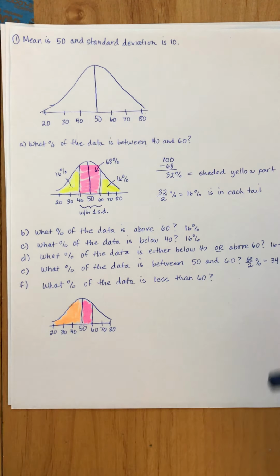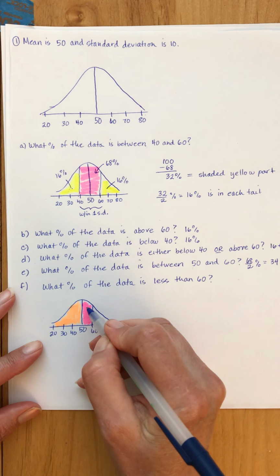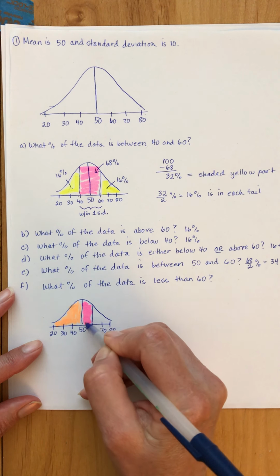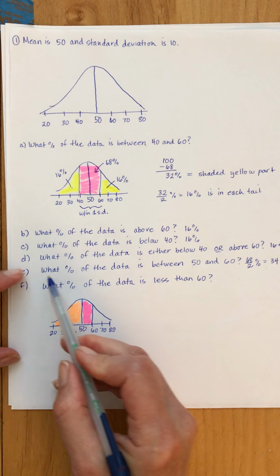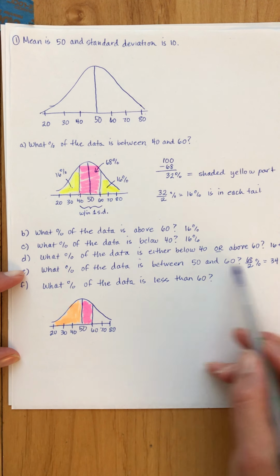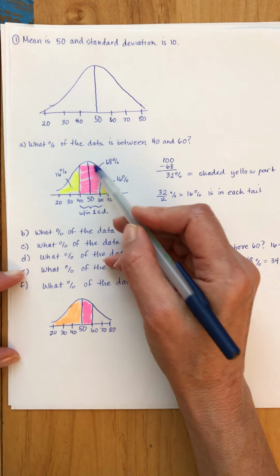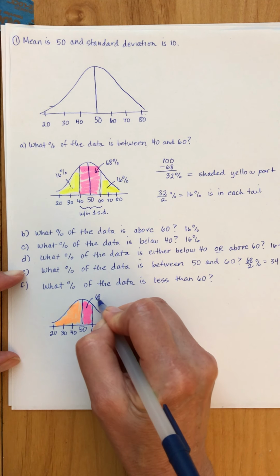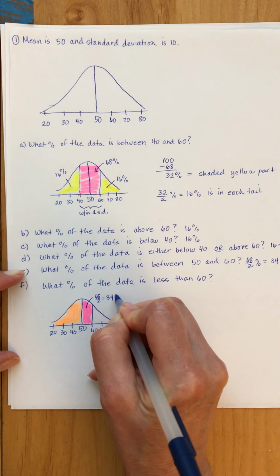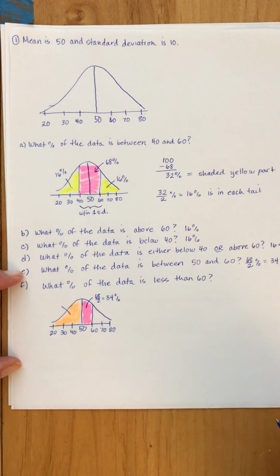Okay, let's see if you can tell me what that's going to be. This part here, we just answered: what's between 50 and 60? We determined that it was 34%, half of the total pink shaded area. So 68 divided by 2 equals 34% in that pink area. What's in the orange area?